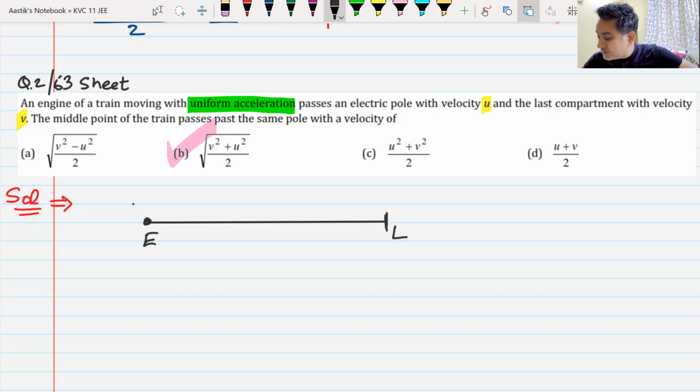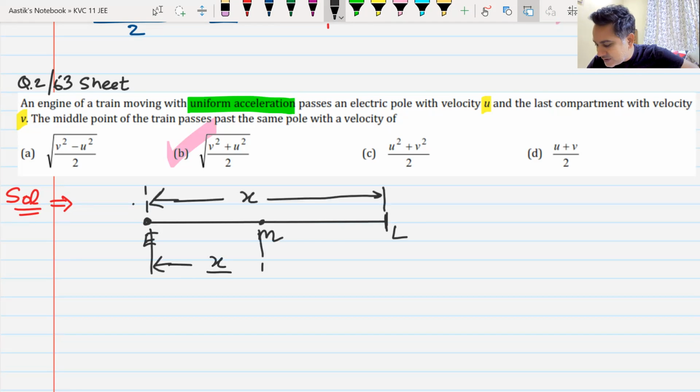Now, this is the middle point of the train, M. If the length of the train from E to L is x, the length from E to M is x by 2.